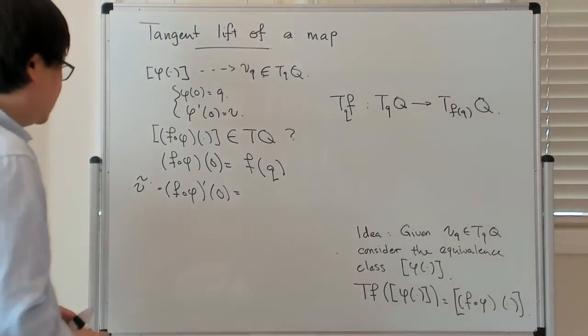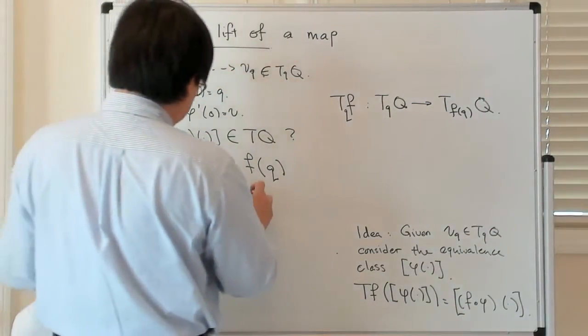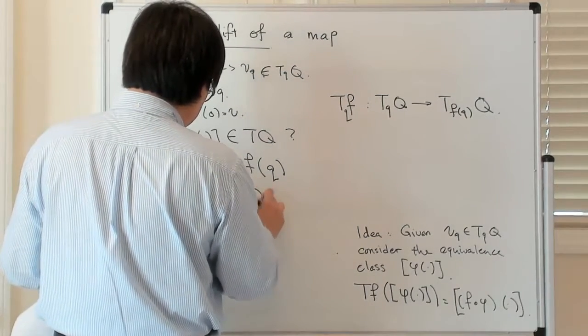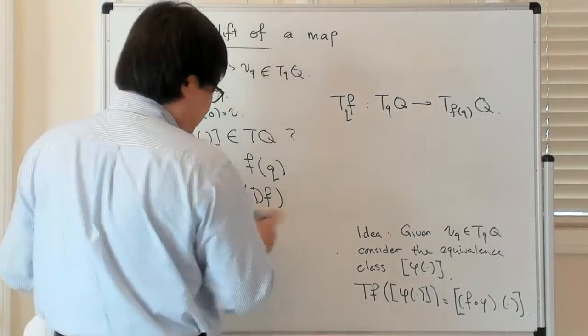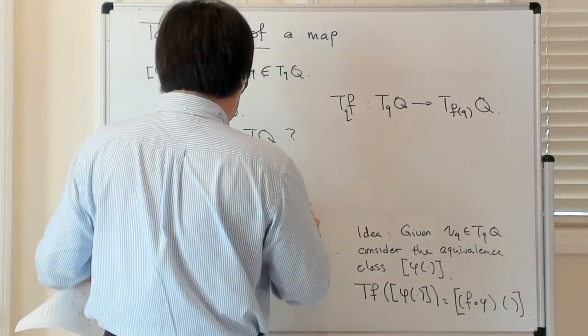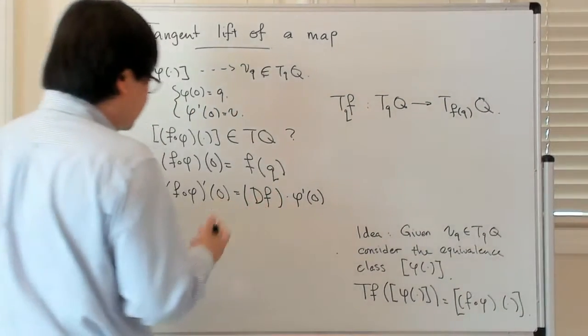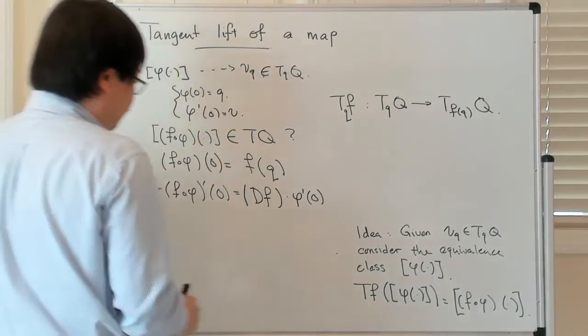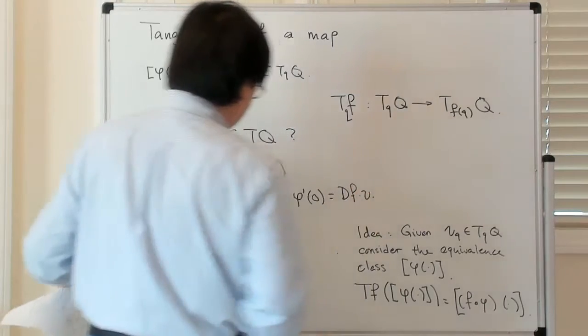Okay, so you apply the chain rule to this. You take the linearization of F as a map, which is some linear operator acting on the derivative of the original curve evaluated at 0, but the derivative of the original curve evaluated at 0 is this v. So what that is saying is that you have dF acting on v.